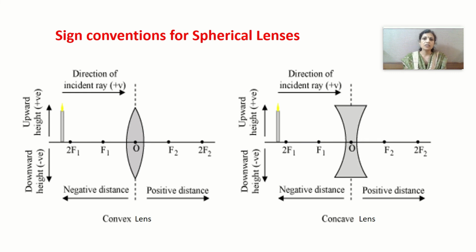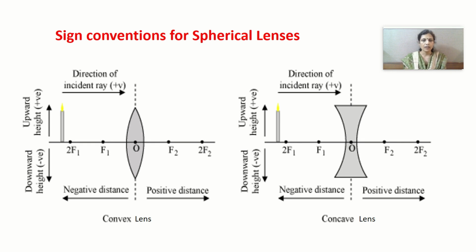Object distance, for both convex and concave lens, will always be negative because the object is kept on the left side of the lens. Image distance and image size depend upon whether the image is real and inverted or virtual and erect. So you have to bring the graph in front of your eyes, and accordingly follow the sign conventions.